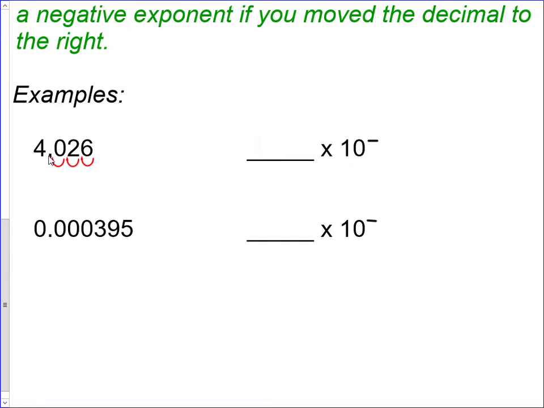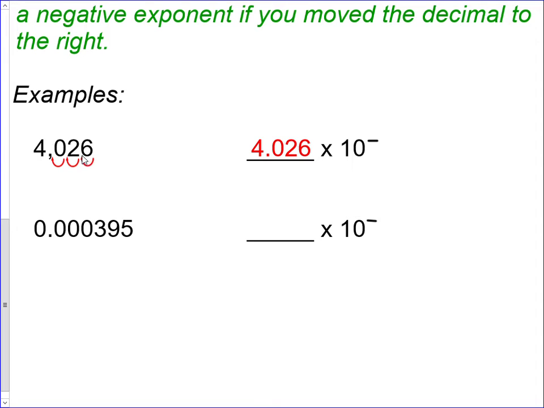The number in front of the decimal is 4. Now remember, it had to be a number greater than or equal to 1 and less than 10. Well, 4 fits that description. So I'm going to write this number, which is 4.026. That's the number that I'm going to write in that first blank. Now, to find the exponent, we go back and count how many times we moved that decimal.